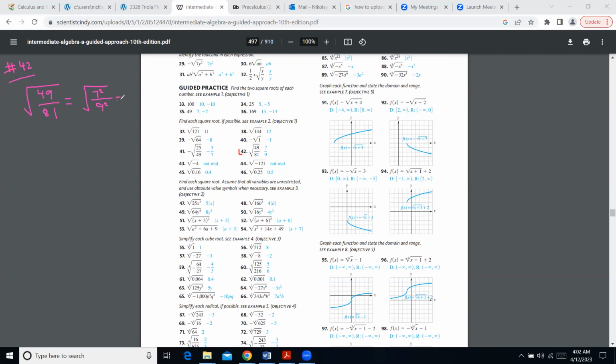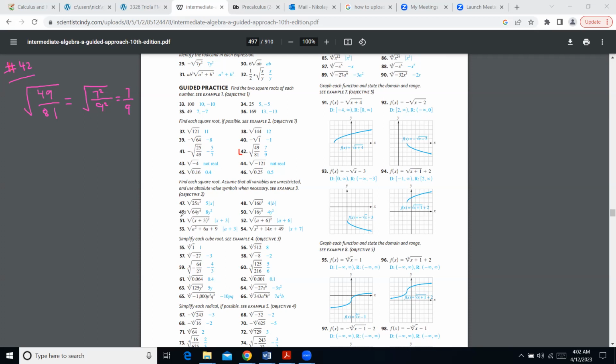So square root and square will cancel each other out, and we're going to end up with 7 divided by 9 as our answer. So the point is we need to find a perfect square when we extract our square root.